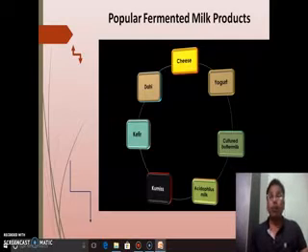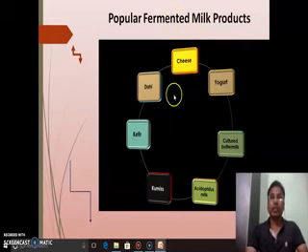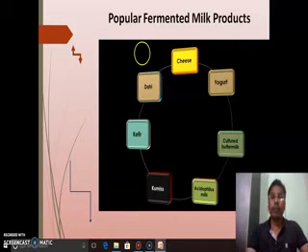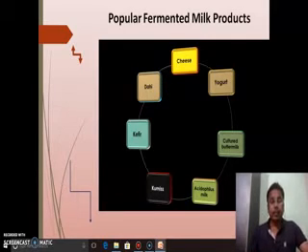These are the popular fermented milk products: cheese, yogurt, cultured buttermilk, acidophilus milk, kumis, kefir, and the very popular Indian milk product, that is dahi, or in English it is called the curd, which is a well known fermented milk product consumed by large sections of the population throughout the country.